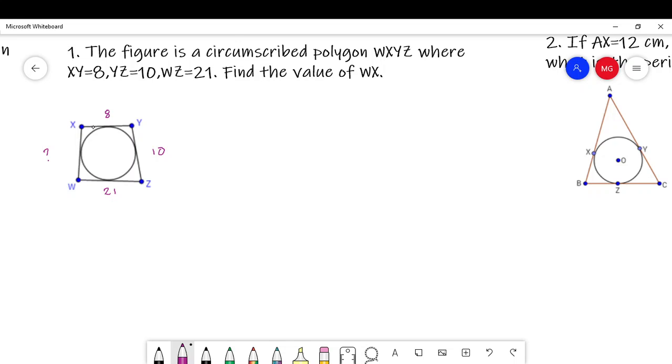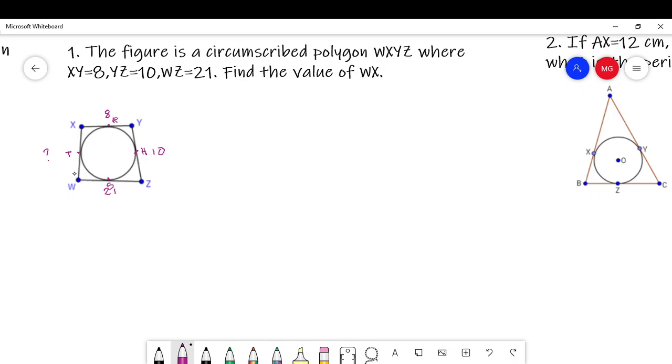As you can see, all of these segments are tangent to the circle. So let us assign letters to the points of tangency. Let's say this is point R, this is point H, this is point S, and this one is T.